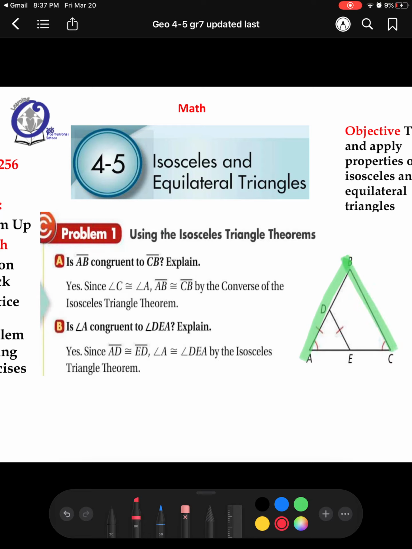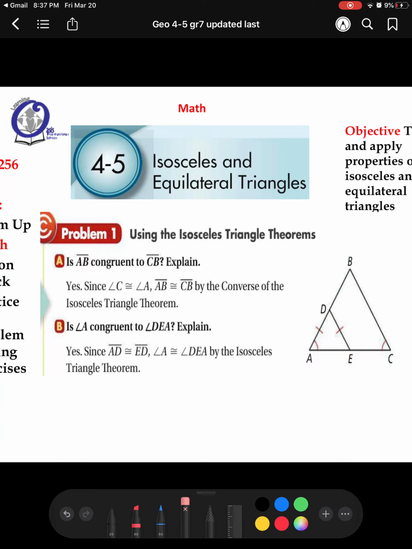So where's the third side, which is my triangle base? It's AC, okay? Now I need to see where are my base angles. This is the first base angle and this is the second base angle. Are they marked congruent? Yes. So I can say easily yes, since angle C is congruent to angle A, AB is congruent to CB by the converse of the isosceles triangle theorem.